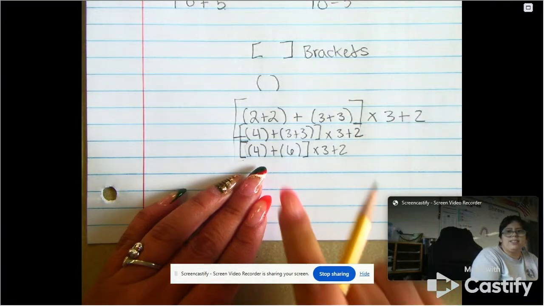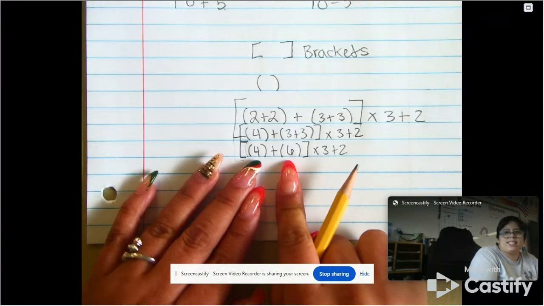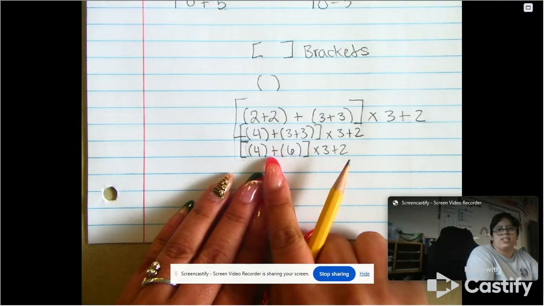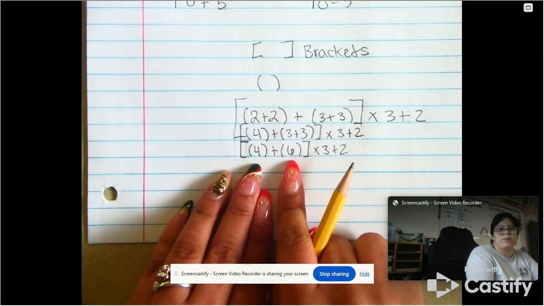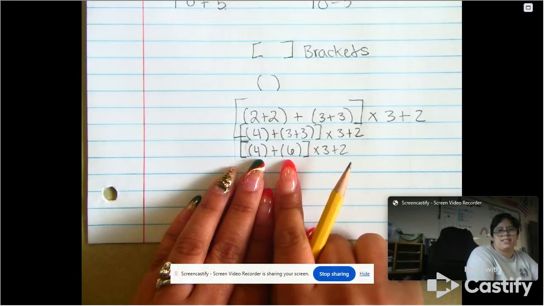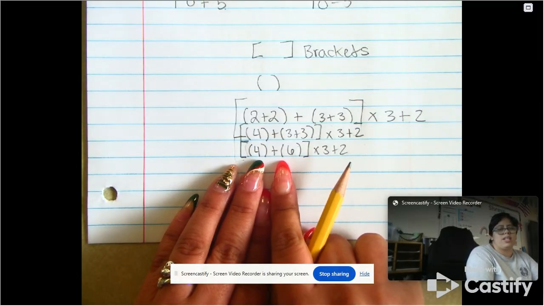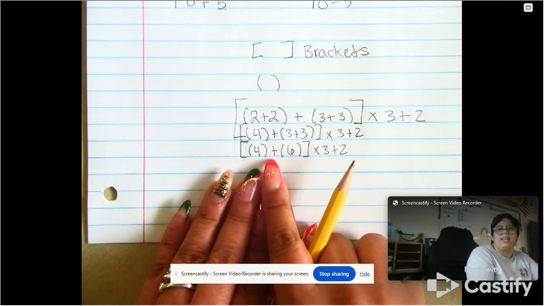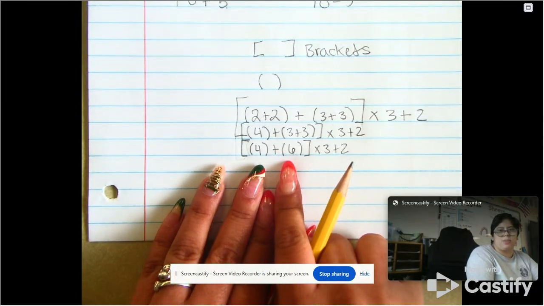Now that I'm done with what's inside these parentheses, and remember how we talked about that if there's an operation there, we can just pretend that these parentheses just disappear. So it's the same as just saying 4 plus 6. These parentheses no longer mean to multiply because they gave us an operation to use, which is this addition. And that's how we know that these parentheses just disappear.